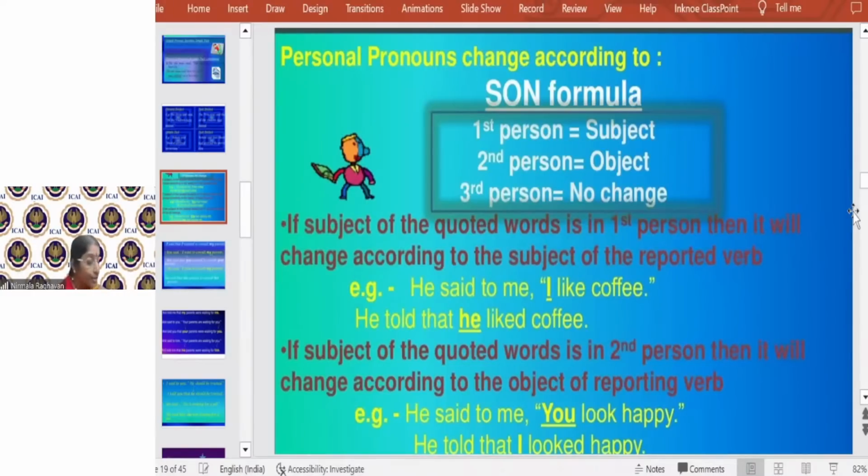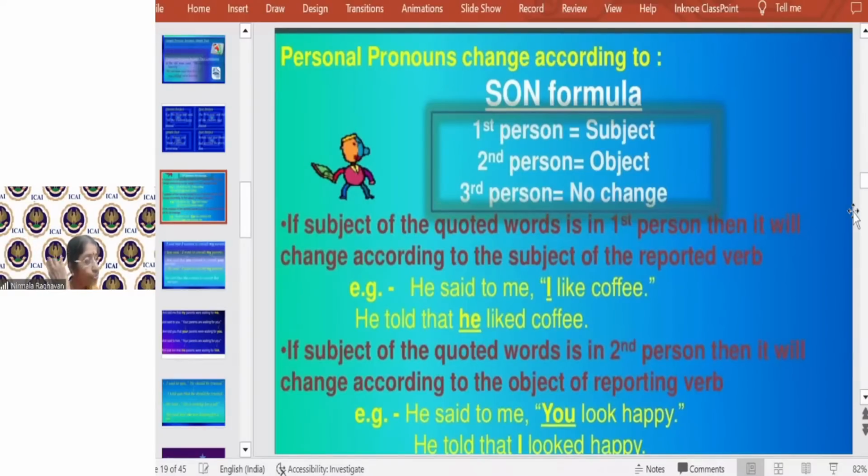Now we are going to see the sun formula. You will see that the first person and third person also change. Second person doesn't change. Now, what is first person, second person, third person? First person is a subject where "I" is used. Second person is always "you" or "your." Third person is he, it, they, or she, whatever.